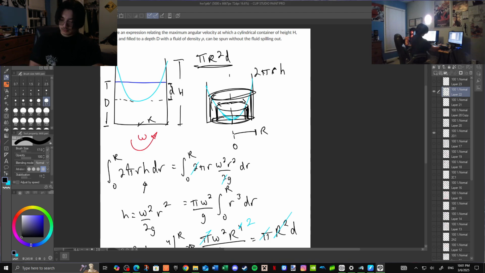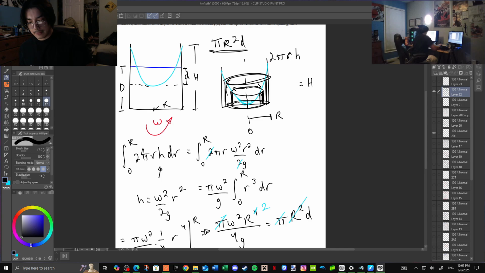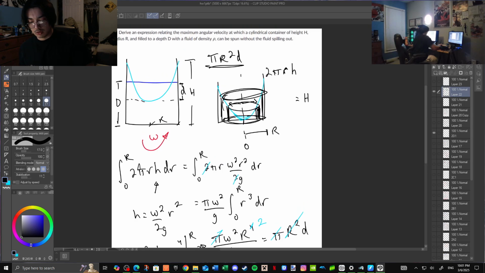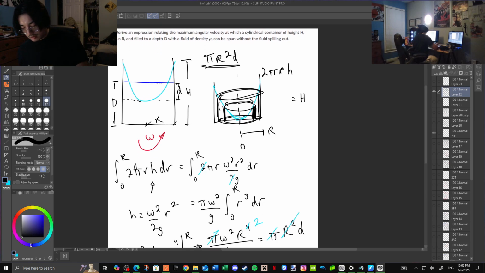Again, I want to re-emphasize big H. We don't want the fluid to go over this container that has a height of big H, right? In the scenario when the container is spinning, we'll have new parameters to measure, that being the height of the actual concave itself.